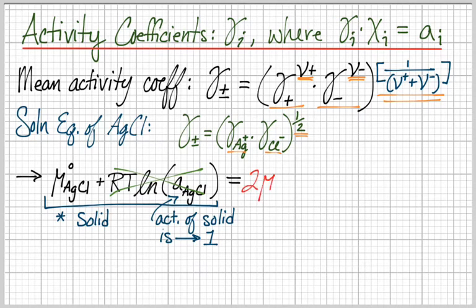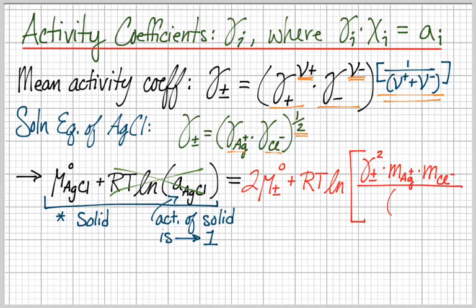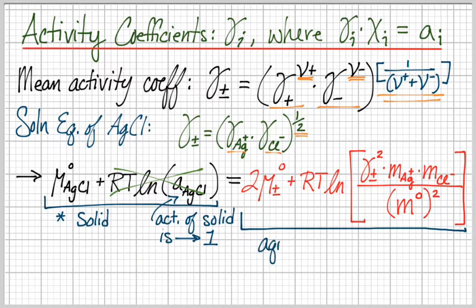Let's go over to the right side where I have the dissolved ions. I'm going to take both the silver ion and the chloride ion and multiply them times 2 to effectively get that mean chemical potential for each of them. Then you see that I have RT natural log of the mean activity coefficient squared and times the molality.